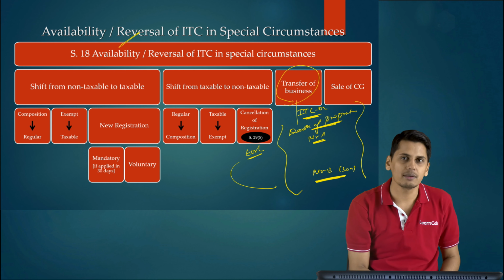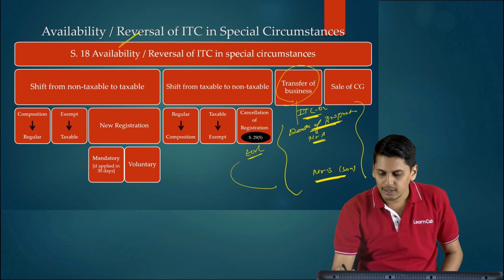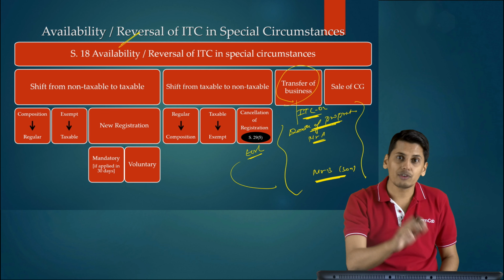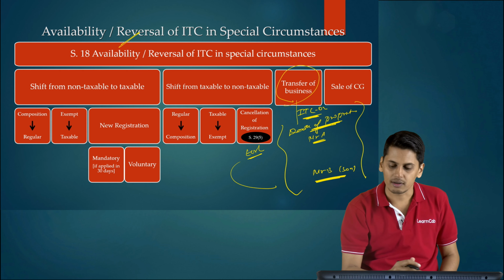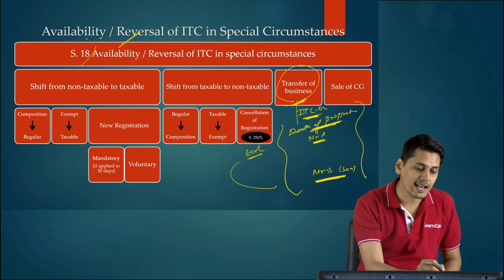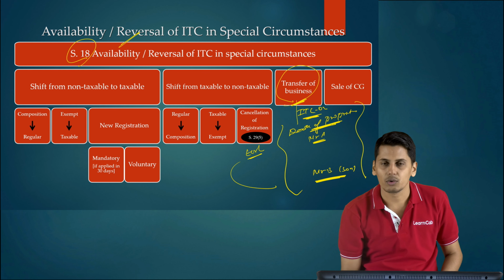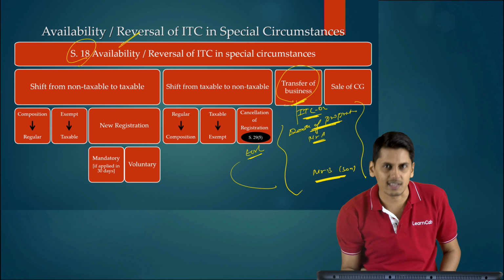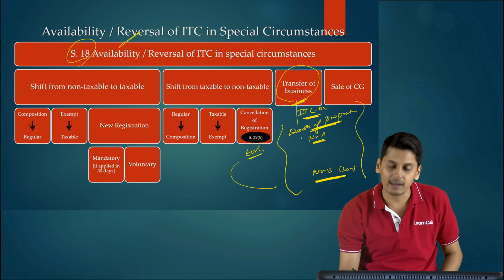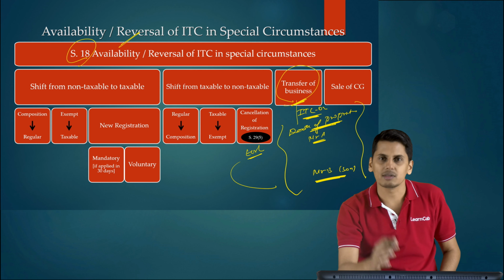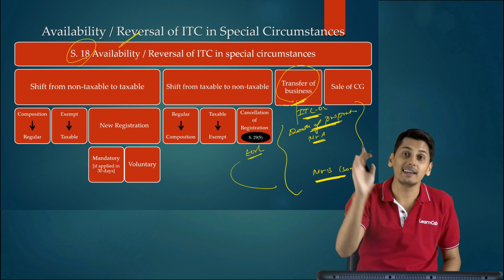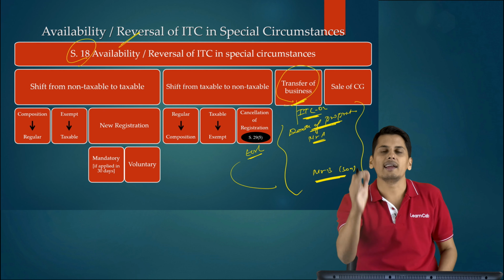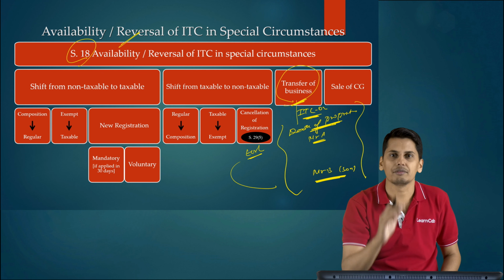So two questions arise. One, can transfer of business on account of death of the proprietor be called a transfer of business as envisaged in section 18? Question number 2, if the answer to the above question is yes, then who is going to file form ITC 02, because the proprietor has already expired and credit can be transferred only when ITC 02 is filed.